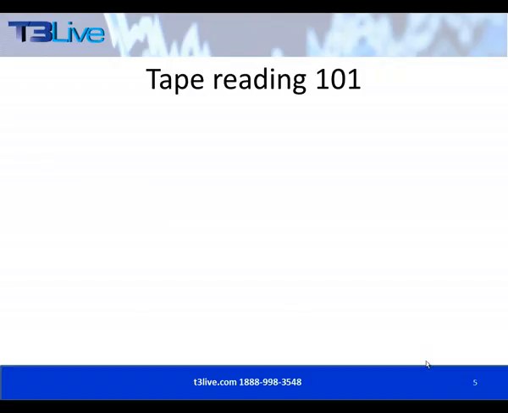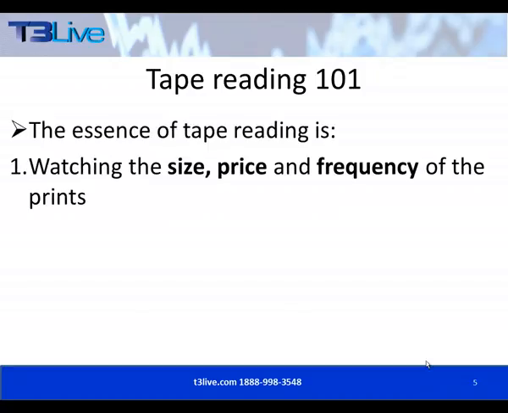All right, so what is the essence of learning how to read the tape? First and foremost is watching the size, how many shares traded, the price, whether they traded actively as a buy order or a sell order, and we'll talk about that in a second, and the frequency of the trades. I wrote prints in here. That's what advanced traders call it.